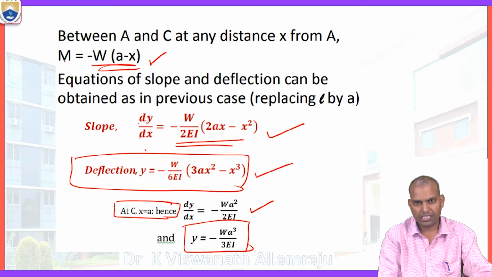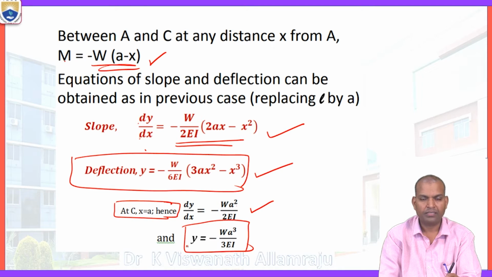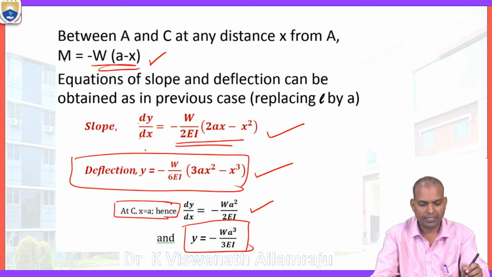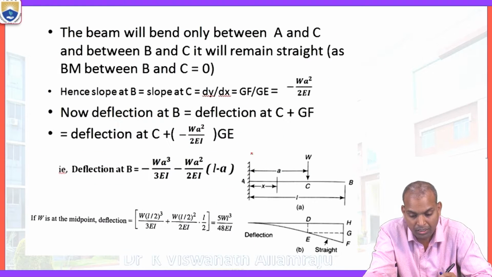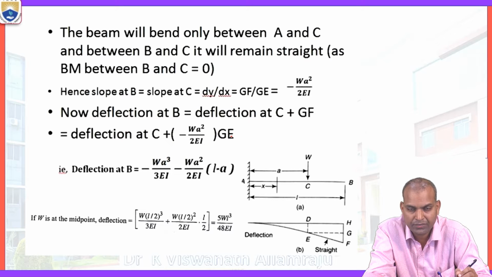That means at point C we calculated the slope and deflection, but we want the slope and deflection at the free end. How to calculate the slope and deflection at the free end? The beam will bend because of the concentrated load from A to C, but from C to B it won't bend.